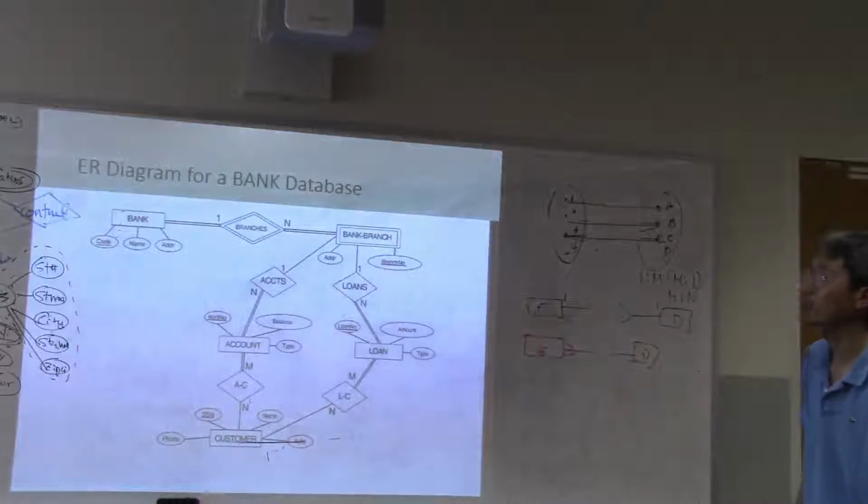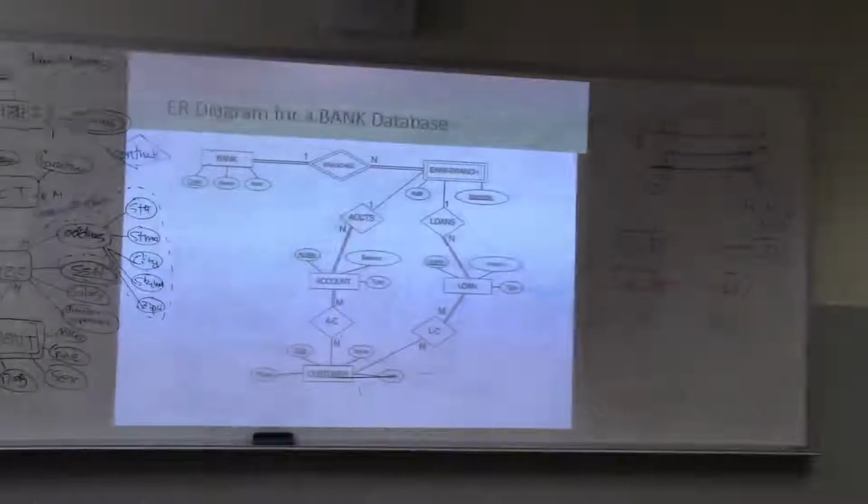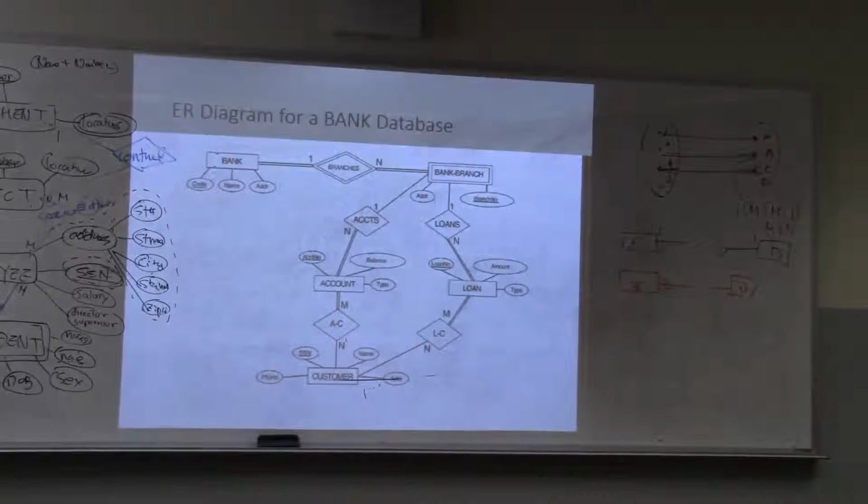Okay, this is the second homework. This is the ER diagram for a banking database. Why don't you take a look at this one? There's an entity bank. It has a bank code, and this is a mandatory participation one-to-many, which means one bank has many bank branches, which are identified by the branch number.